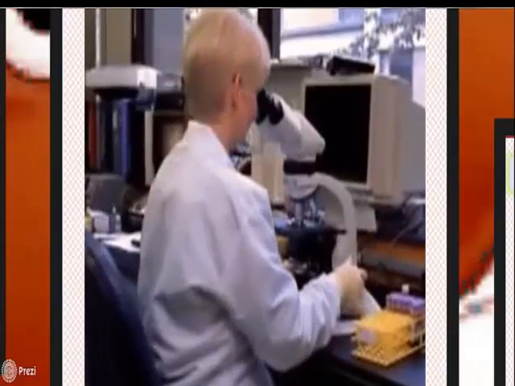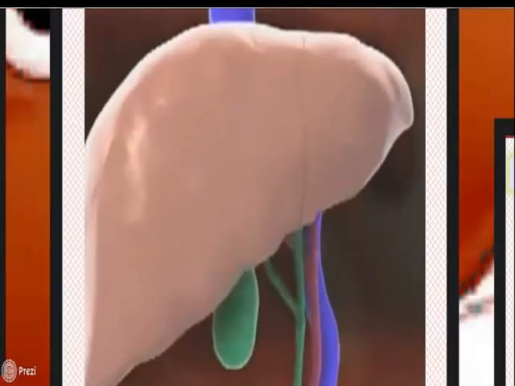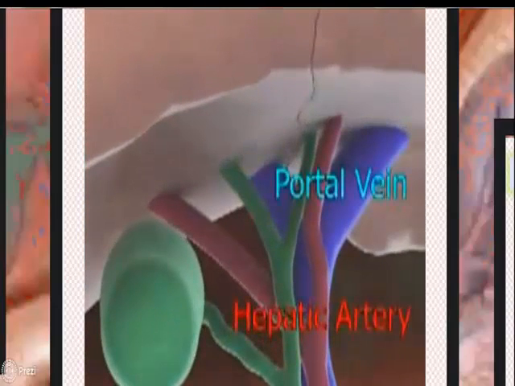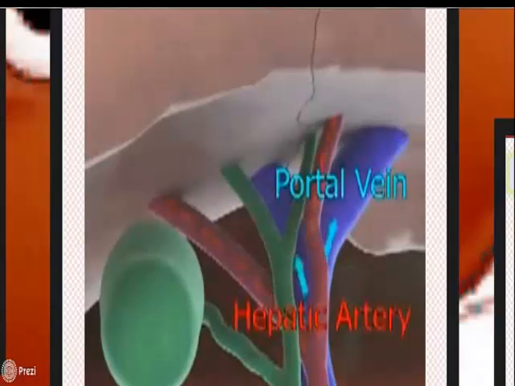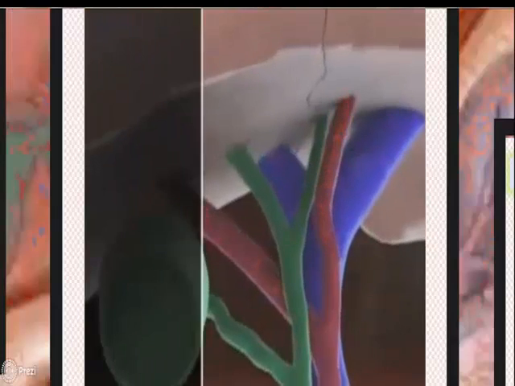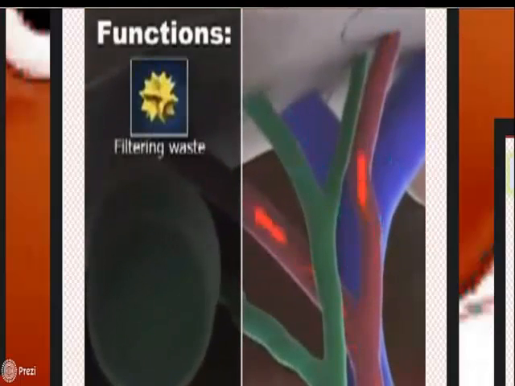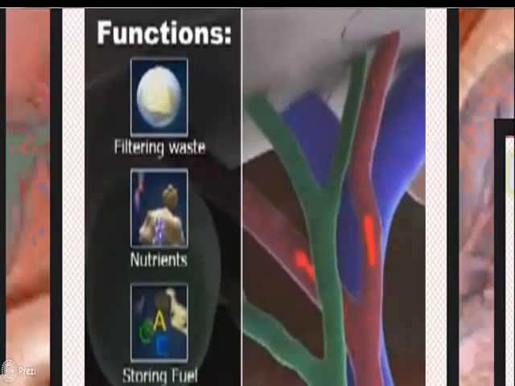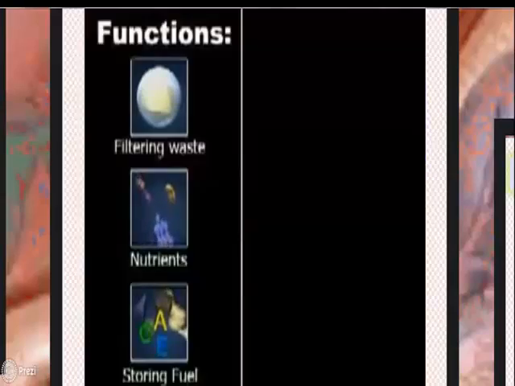Under a microscope, you can see that the liver is actually made up of billions of liver cells. 2 major blood vessels, the hepatic artery and the portal vein, continuously bring blood to the liver cells. This blood is important because it allows the liver to perform many important functions, like filtering waste and poisons, processing nutrients, and storing fuel for your body.